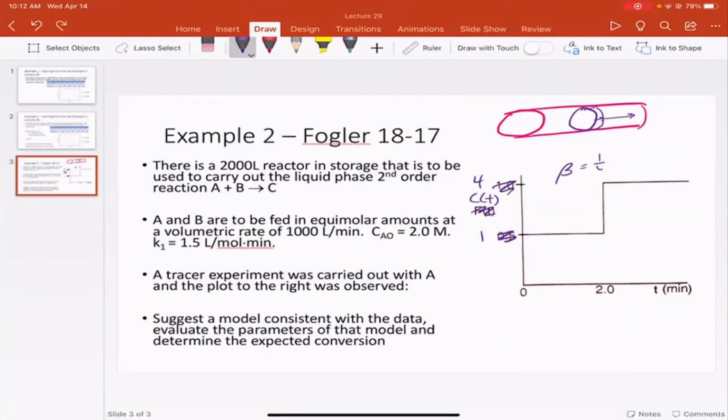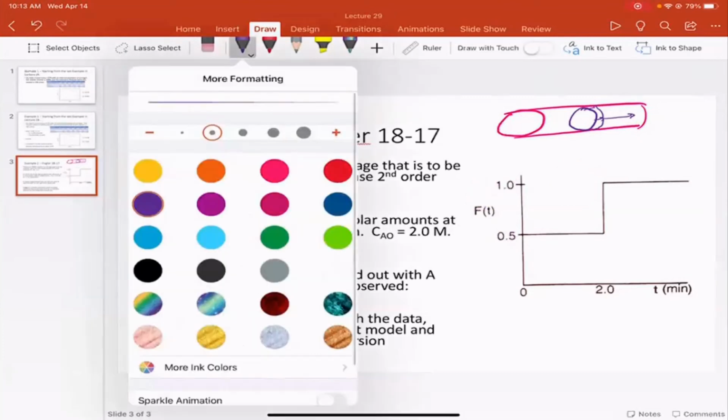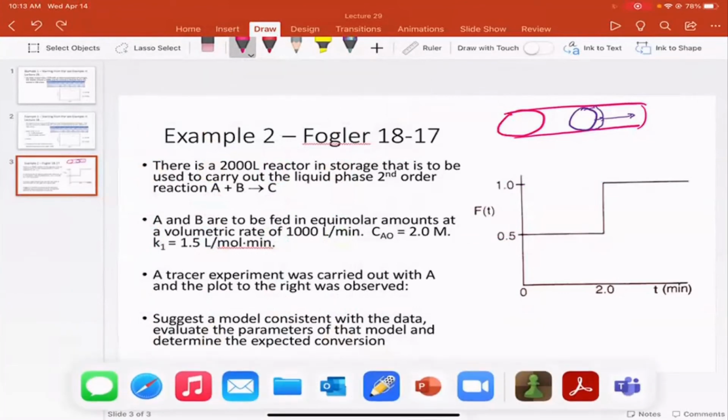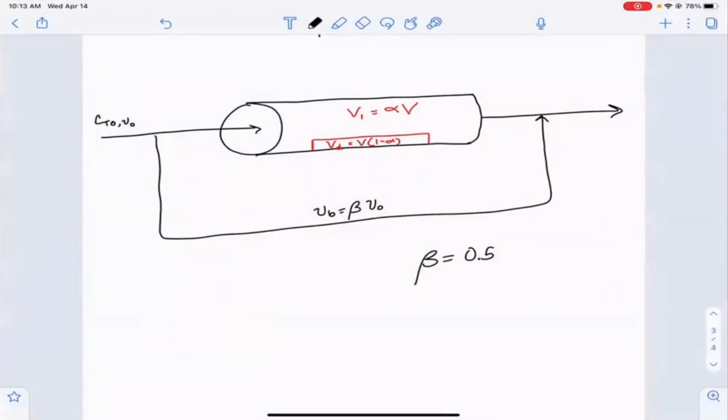The F of T that the book uses picks those bounds as 0 and 1, so everything's normalized. But you don't have to do that, and we won't necessarily do that all the time. So from this particular plot, we can read directly off the plot that beta is equal to 0.5.